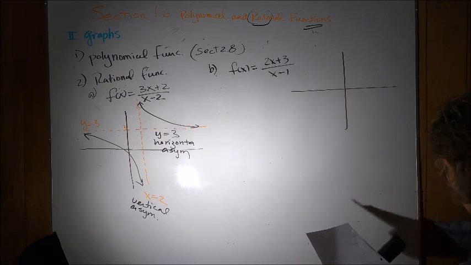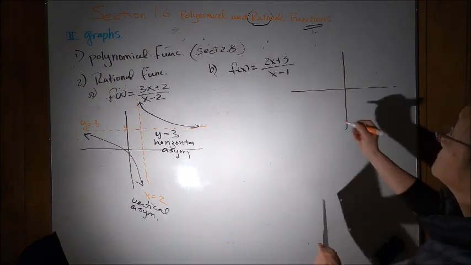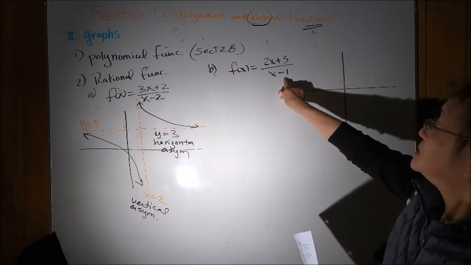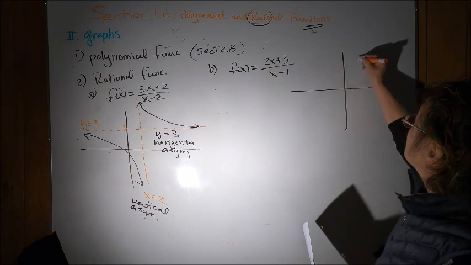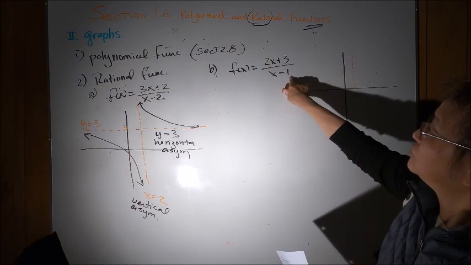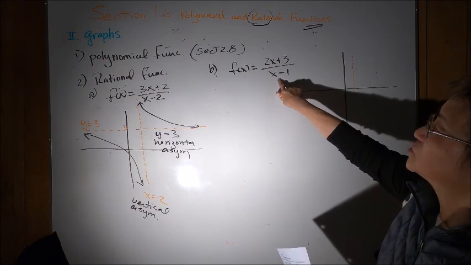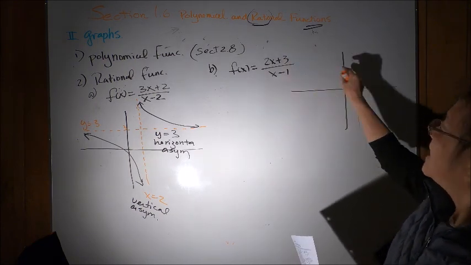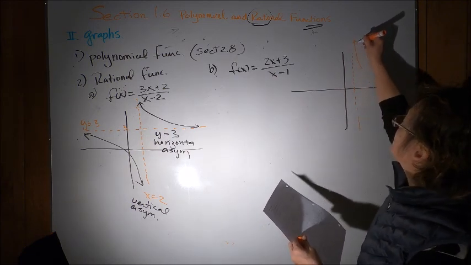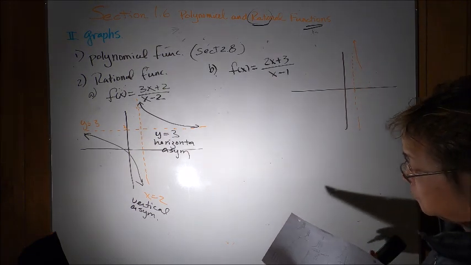Because its denominator cannot be 0, something will happen when x is 1, right? When you approach from the right-hand side, the number is super small. When you divide by it, the curve becomes very huge. The number will become huge.